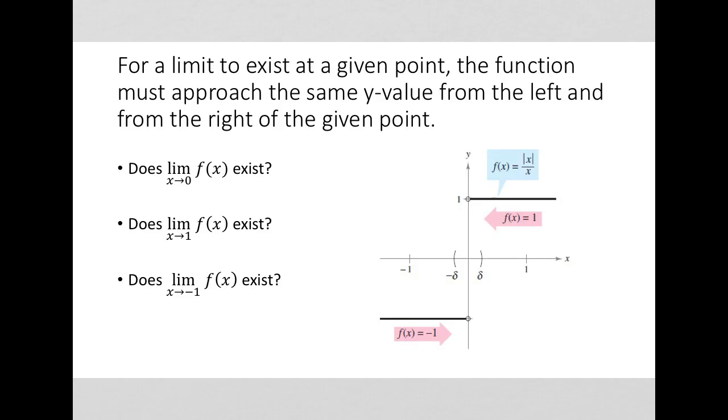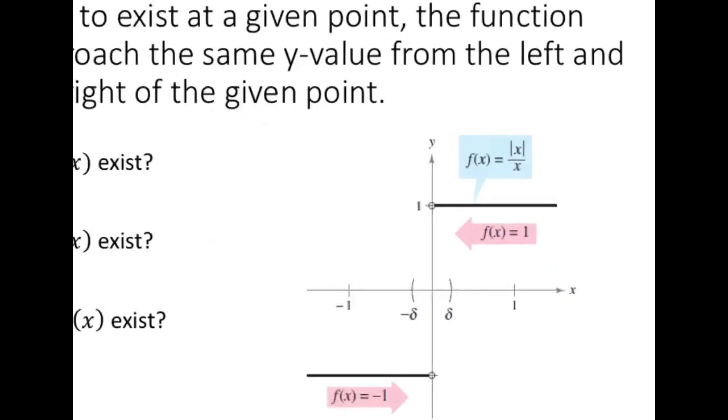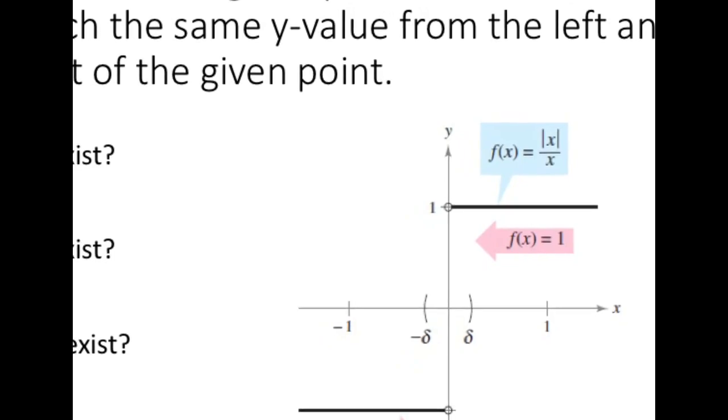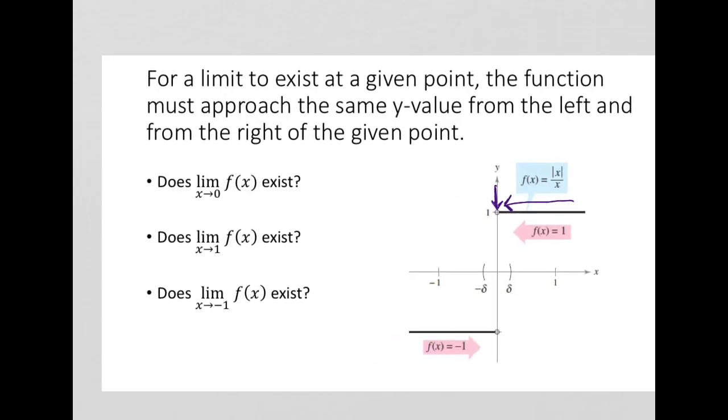Well, if we look at the limit from the right side, so if we look at the point we're trying to find the limit of, x equals 0, if we come to that point from the right, so while moving left on our graph, we can see that our y value there is clearly going to a y value of positive 1.